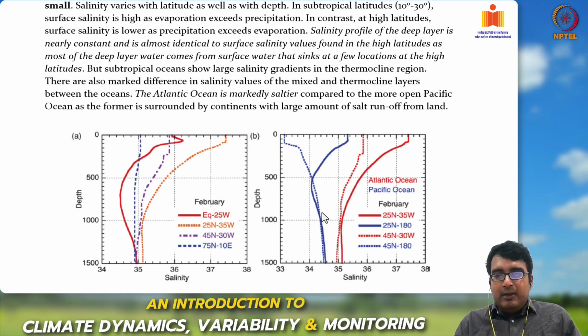Also, at a given temperature, more saline water is denser than less saline water. So, temperature gradients and salinity gradients together determine the flow that oceanic systems will have, especially in the deeper layers where wind-driven circulation systems are not active.